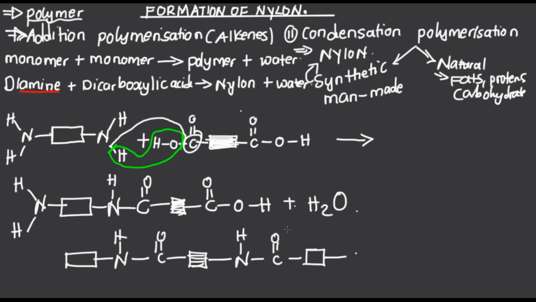No matter how long this polymer is, I want you to look at what we have in between the 2 boxes. It is called the linkage. Why is it called the linkage? Because it is connecting the 2 boxes, this box from the dicarboxylic acid and this one from the diamine.